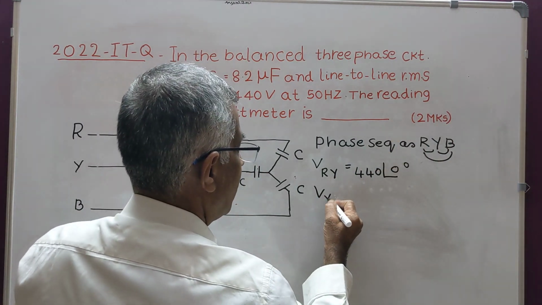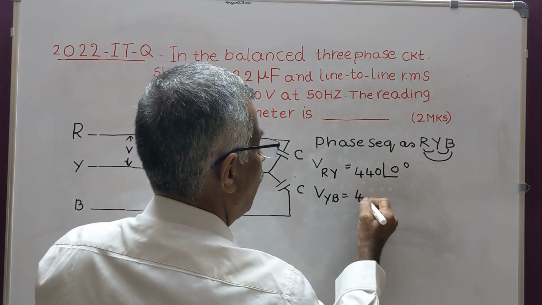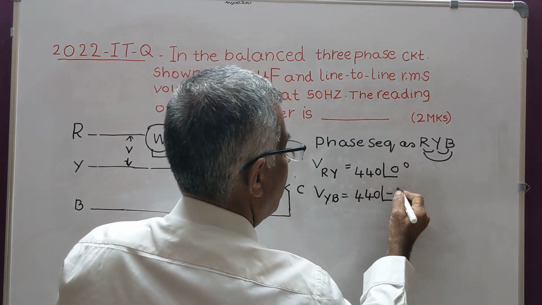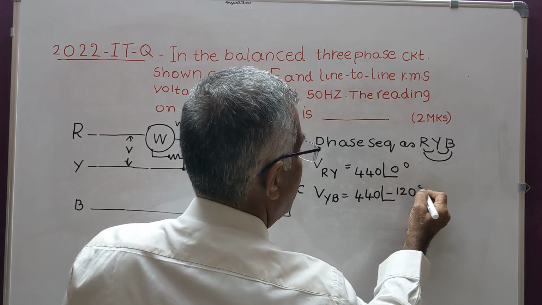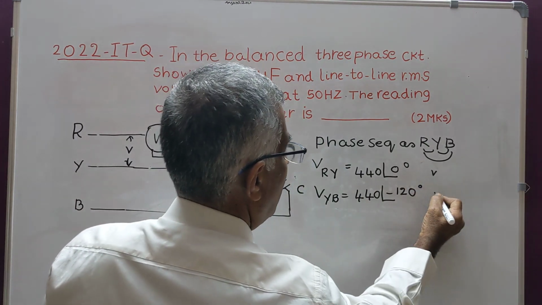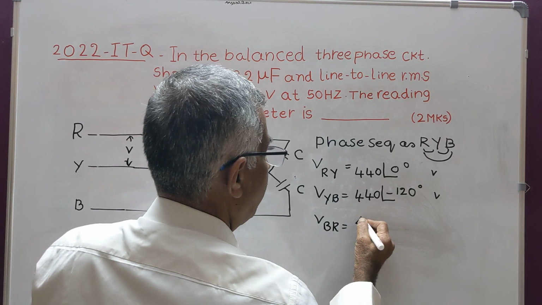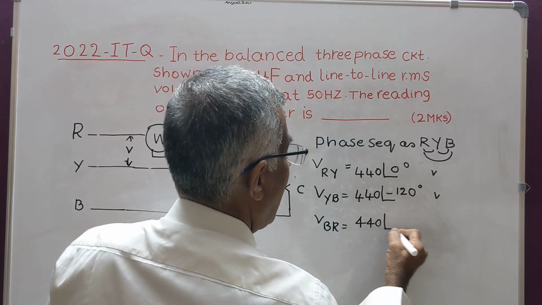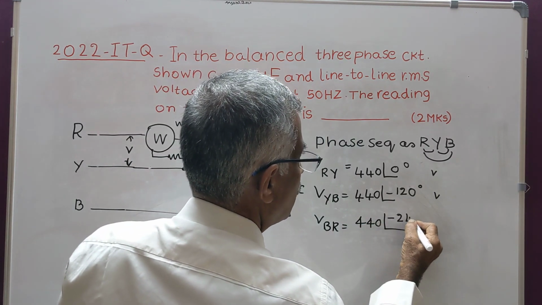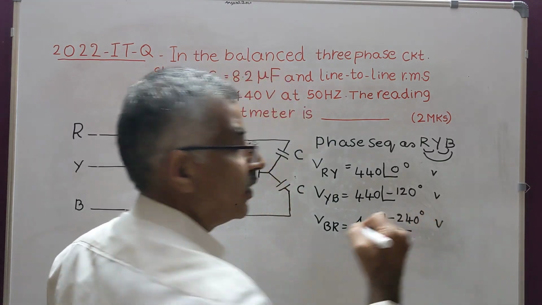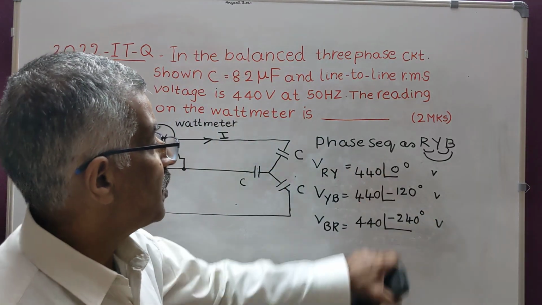VYB is 440 angle minus 120 degrees volts. Then VBR is equal to 440 angle minus 240 degrees volts. So these are the three line voltages.